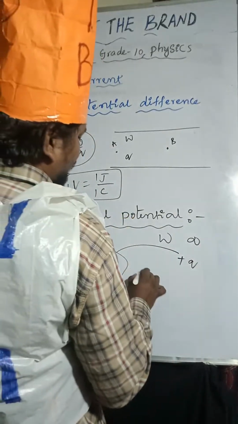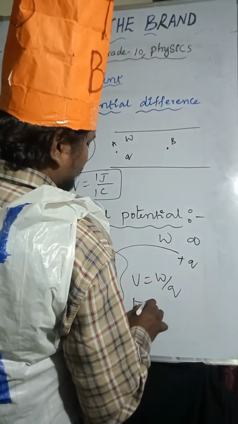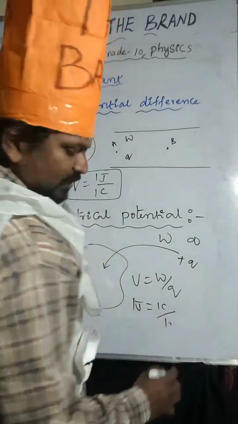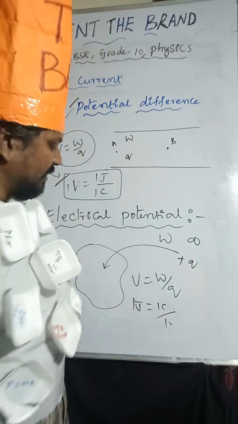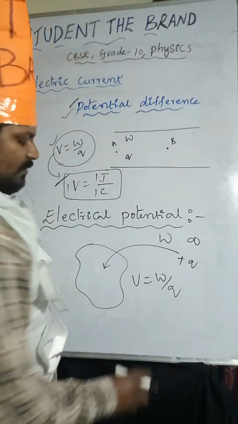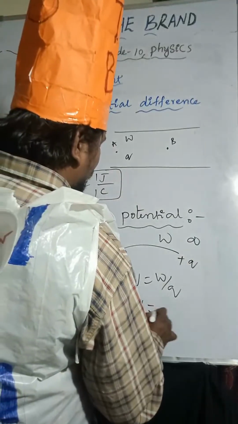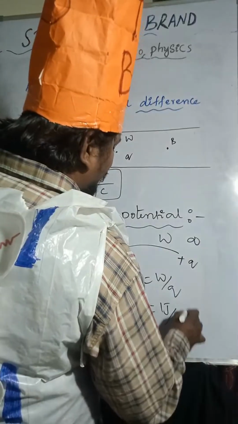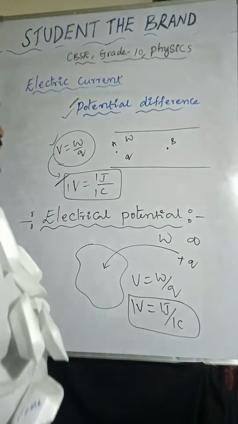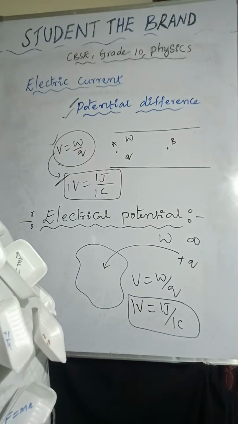So same formula, V equals W by Q. So 1 joule of work is done to bring 1 coulomb of charge, so 1 volt equals 1 joule per coulomb. Okay, same formula we can take. I hope it is very clear.